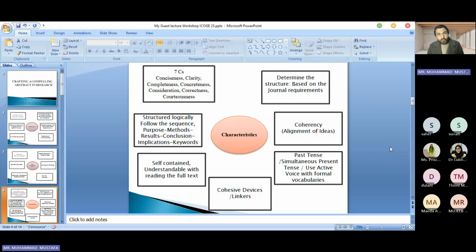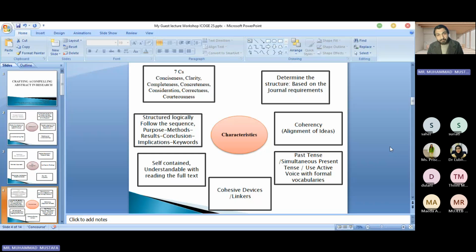Then correctness: definitely the words, phrases, grammatical aspects, the data, the content and the results should be correct and not objectionable.